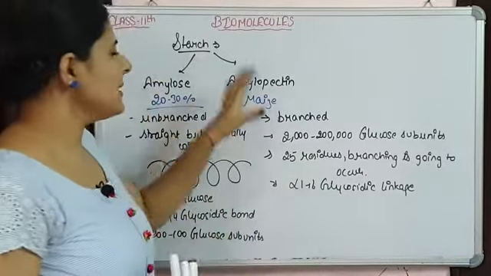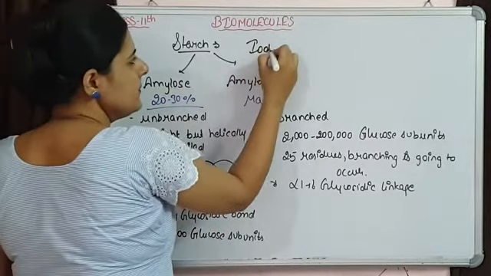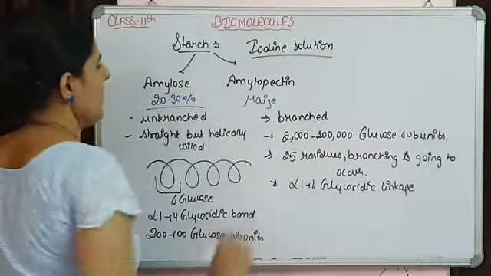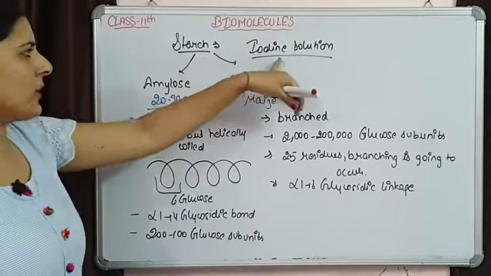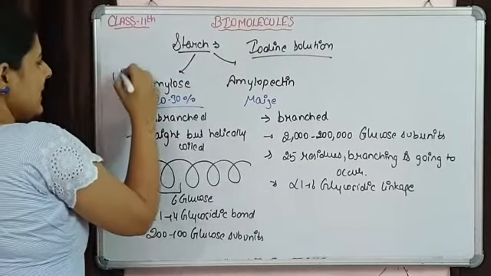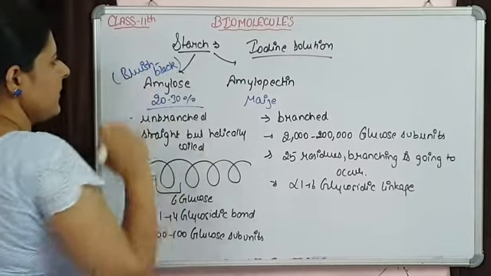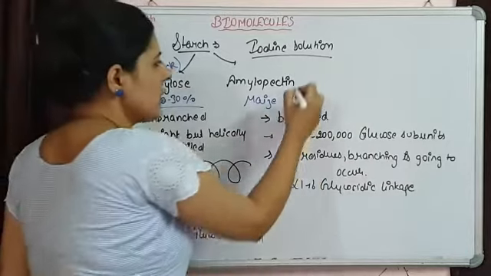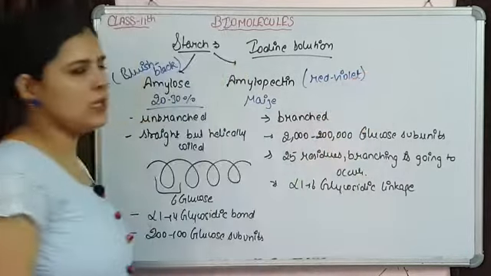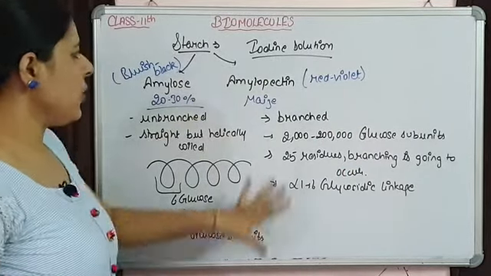If we treat this starch with iodine solution, then amylose reacts with the iodine solution and gives bluish black color, and amylopectin gives red violet color with the iodine solution. So these are the characteristics of starch.